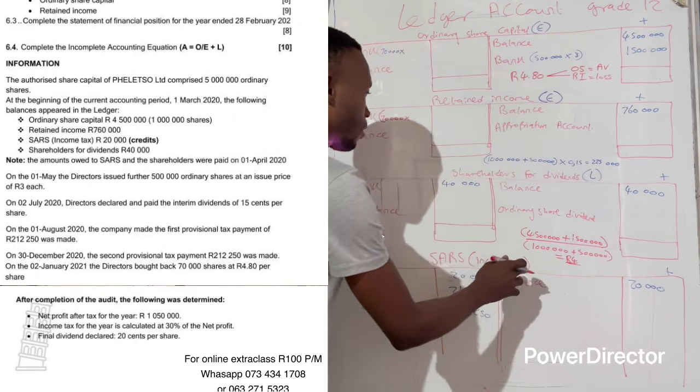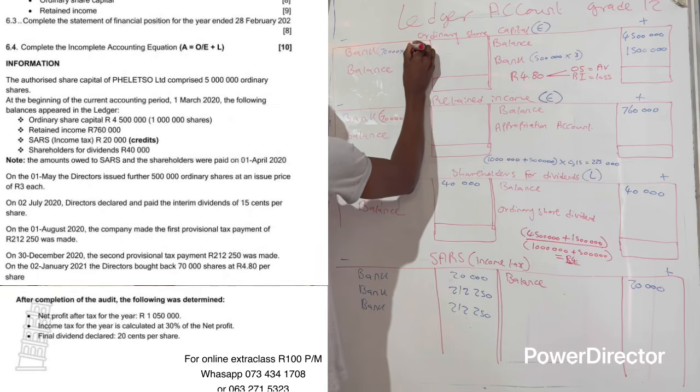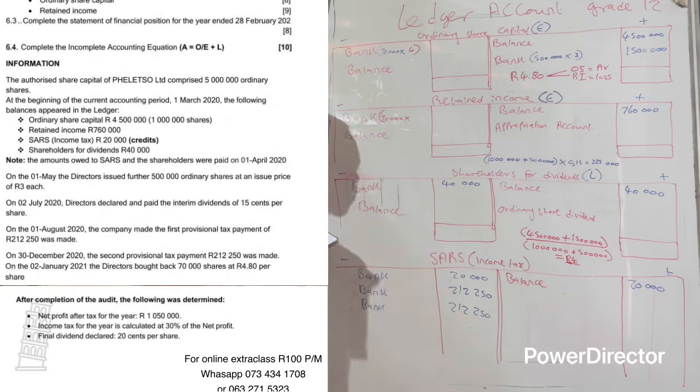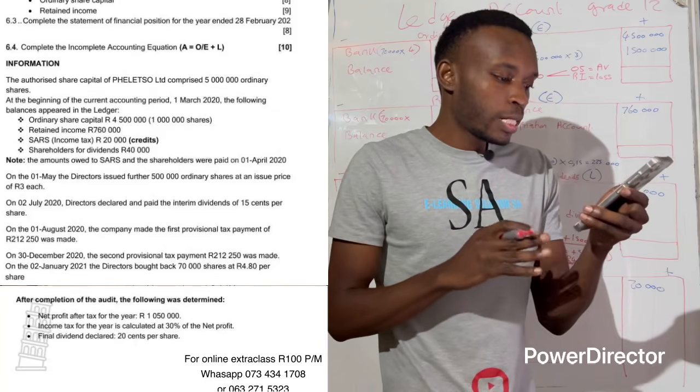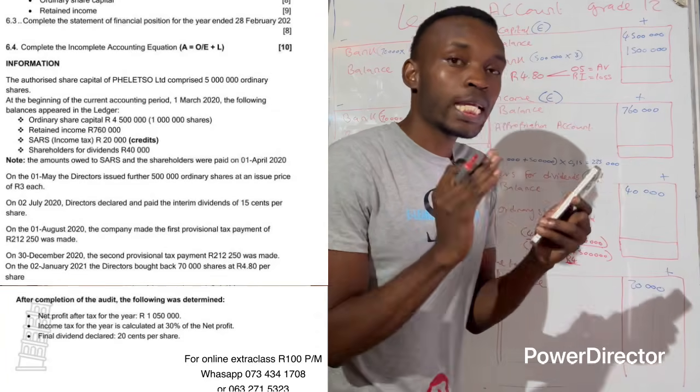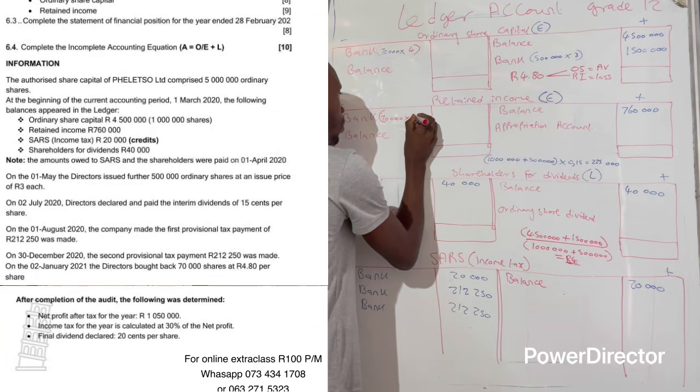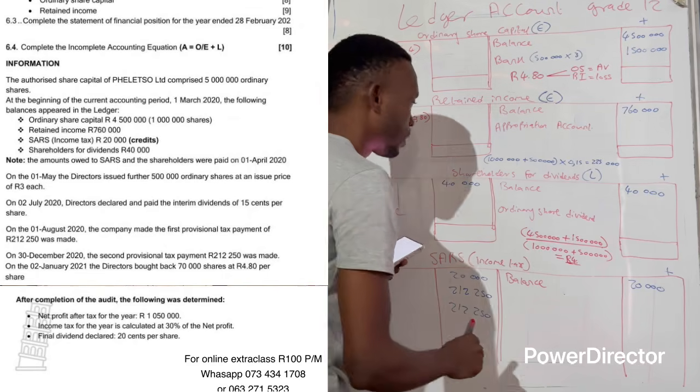Now, we're still on the average. We got the 4 rand of average, which means that the difference between 4 rand and 4 rand 80 that we use to repurchase is 80 cents, which is going to be a loss. 80 cents is going to be split as a loss.